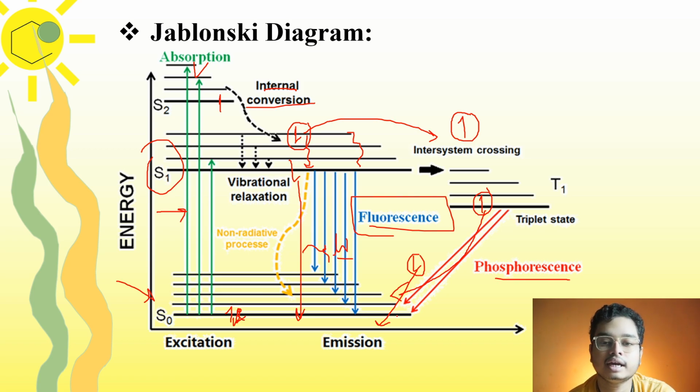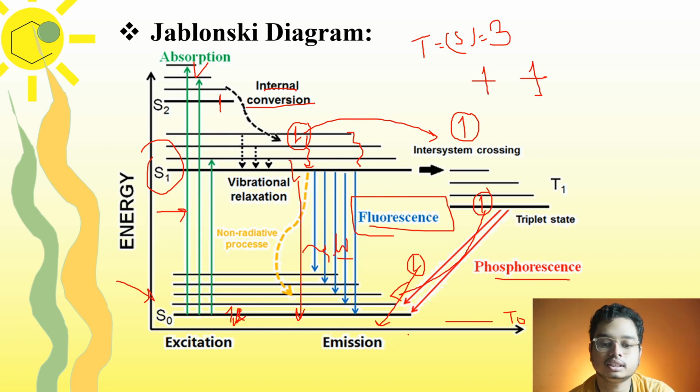Now here you can ask one particular question: why is there no T0 state here? Where is the T0 state, you may ask. We already know that T means the triplet state, where the spin multiplicity is 3. If we need a spin multiplicity of 3, that means both of the electrons have the same spin.